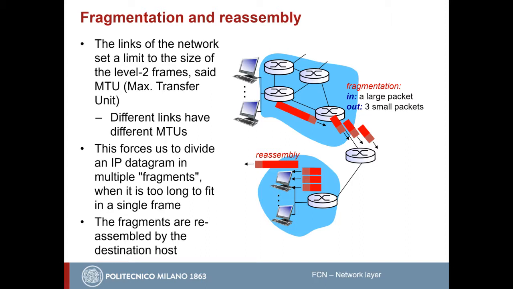If layer 4 delivered a certain segment that generated a large packet, the layer 4 entities of the receiving host should get the original segment intact, as a single piece. And this is why at the host we have to do a reassembly operation in case there were one or more fragmentations while the packet was traveling.